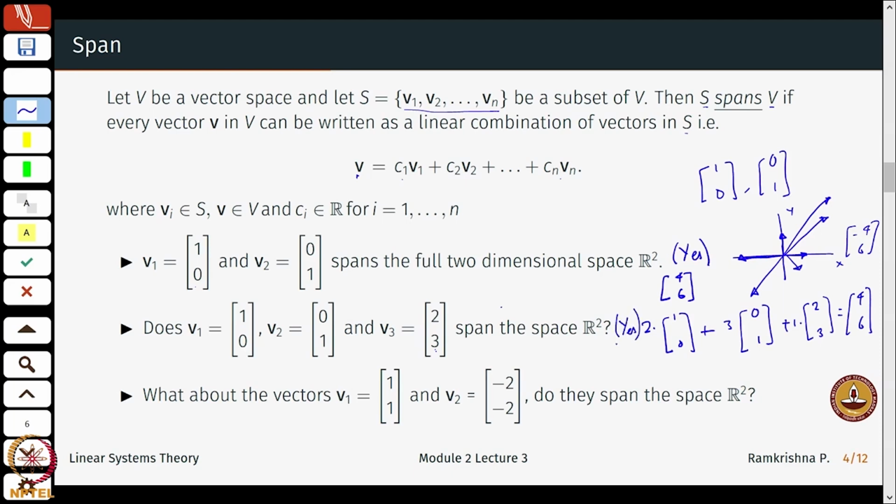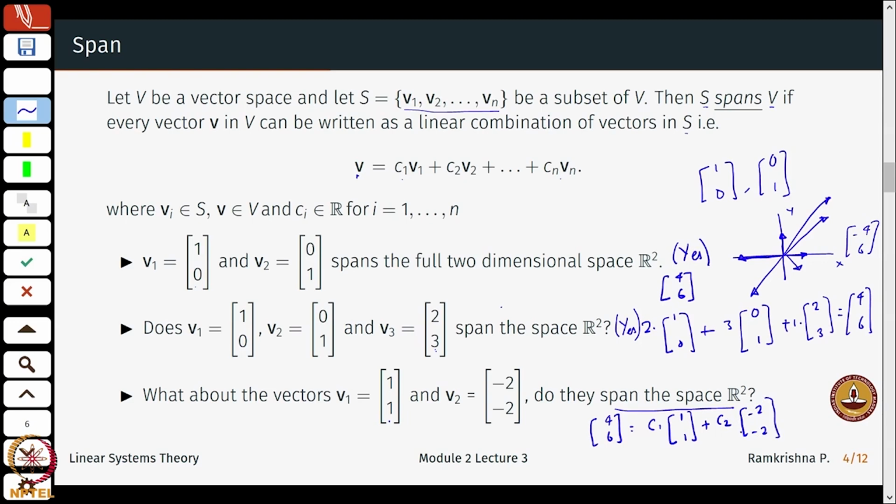So, the answer here is also an obvious yes. Now, what about two vectors like (1, 1) and (-2, -2)? Do they span the space R2? Let us say, can I write the vector (4, 6) as some linear combination c1 with (1, 1) plus some scalar c2 with (-2, -2)?